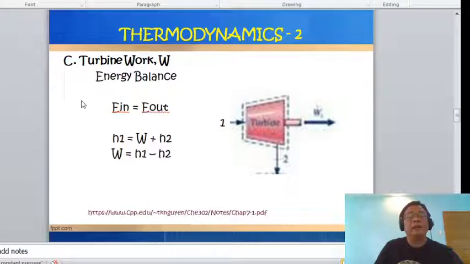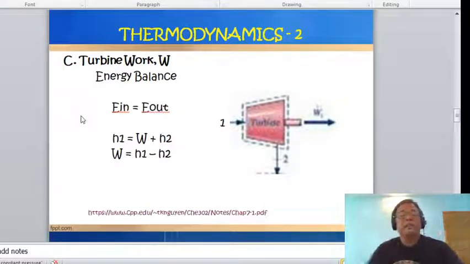If the temperature and pressure of the steam entering the turbine are given, then proceed to table 3 or 4. Okay, so you can easily determine the enthalpy at 1. And then look for the entropy also at 1, s1.